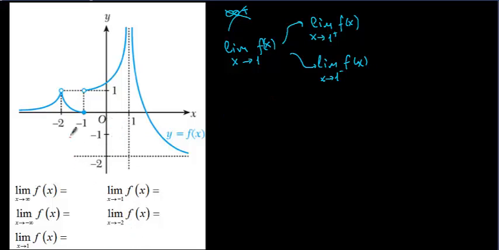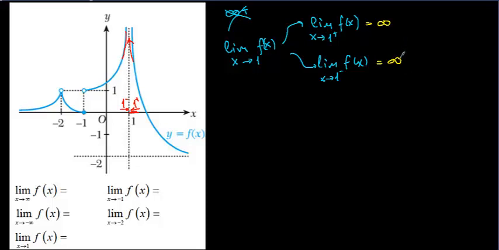Here the value is 1, as you see here. It goes to 1 from the positive side. When you get closer to 1 from the positive side, the function value is going up, which is infinity. So the result here is infinity. From the negative side of 1, the y value is also going to infinity again.